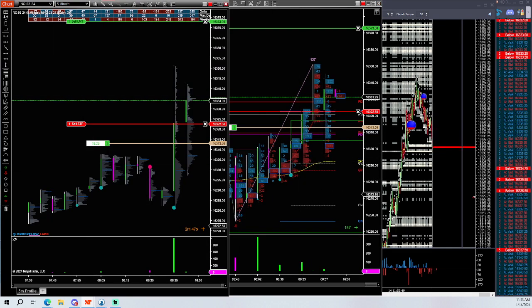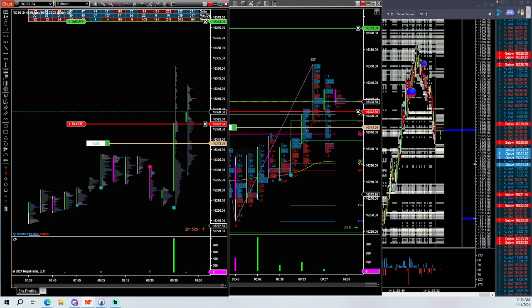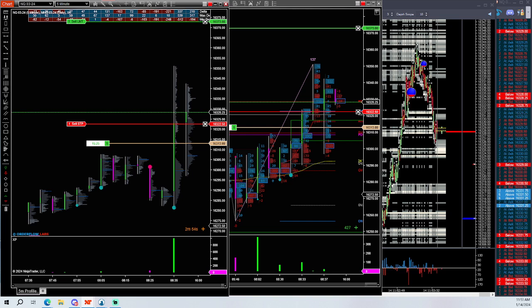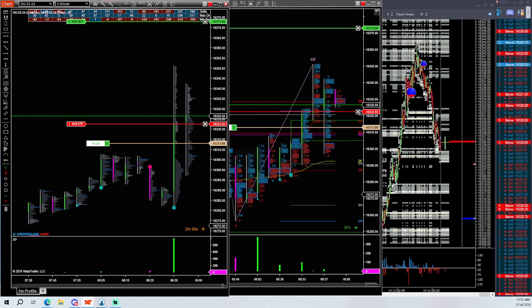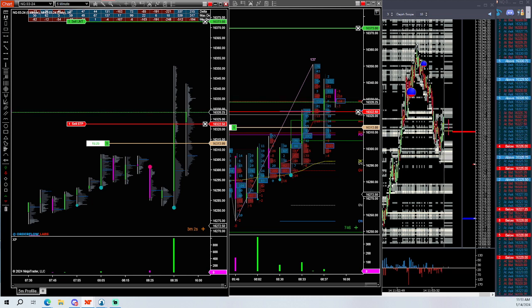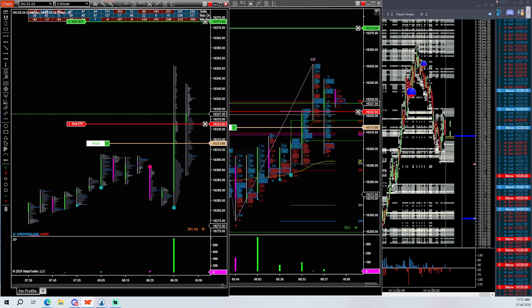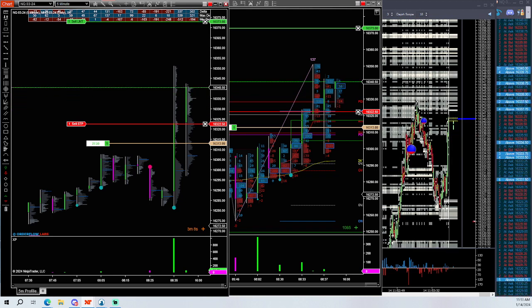Really wanting to push these highs. Buyer's going to step back in right here or no. Buyer's stepping in. Kind of sporadic, nothing real consistent. There's some sweeps. There they go.